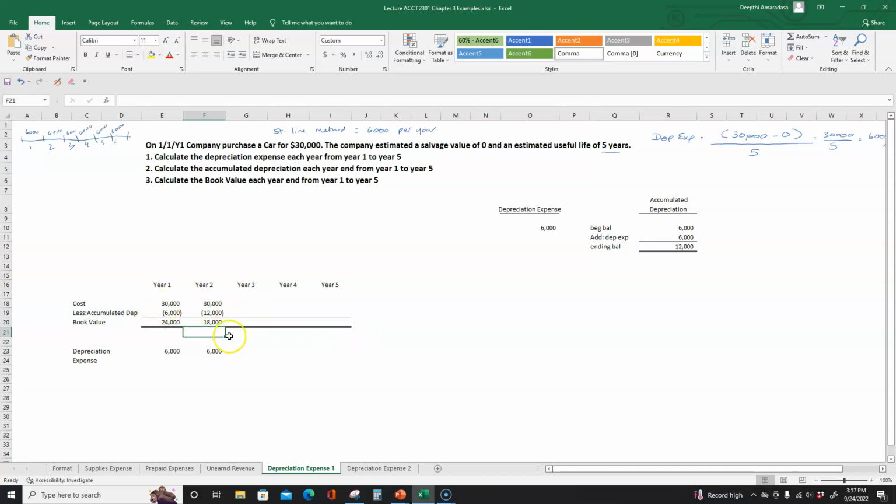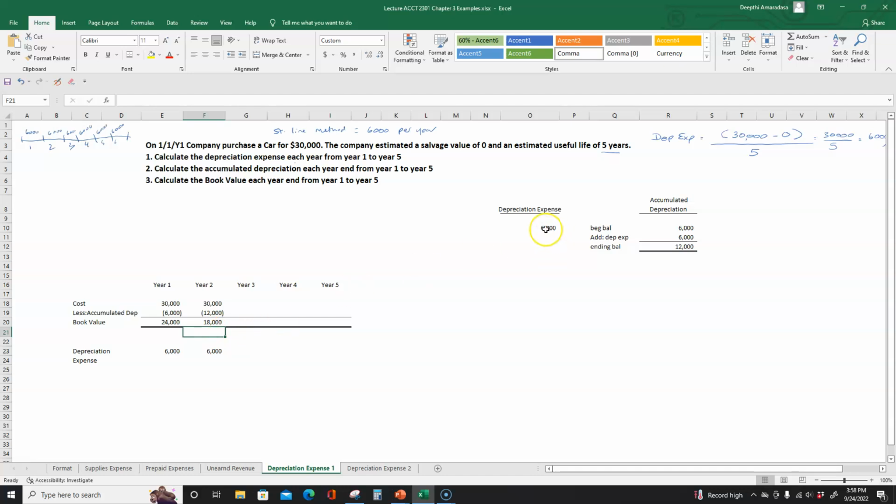Note how the cost of the asset does not change. It's only the accumulated depreciation account that changes from year to year. As time goes by, you'll see that the accumulated depreciation account balance goes up and up and up, and the book value will keep going down and down and down.